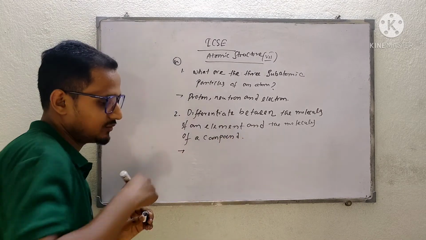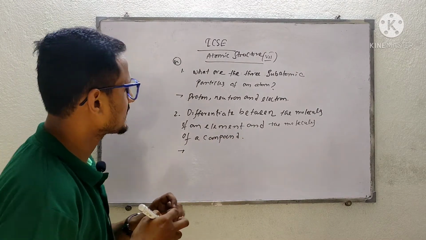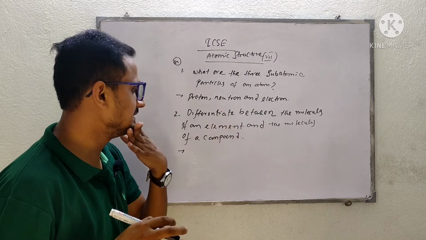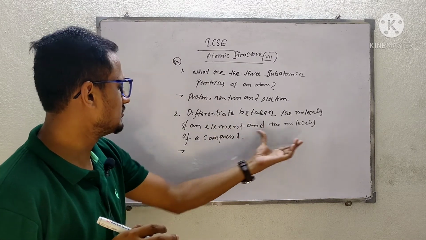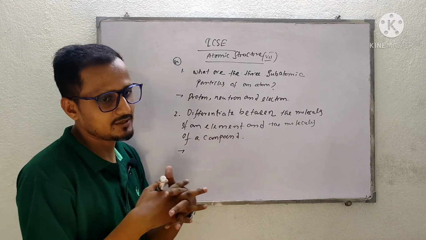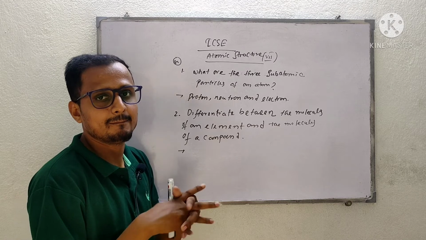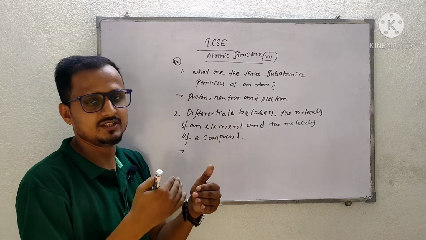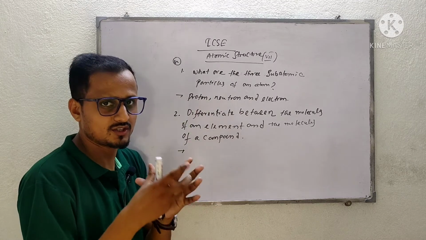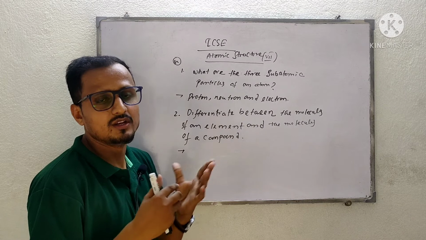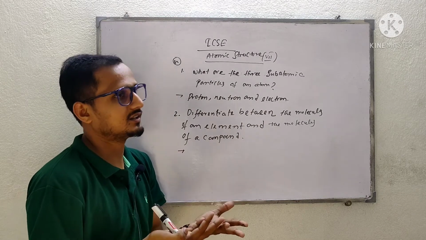Okay, now how to differentiate this one? Molecules of an element and molecules of a compound. Molecules of an element will consist of same like atoms. That means 2 or 3 same like atoms will join together to form the molecules of an element. But in case of molecules of a compound, we'll have different atoms like water.